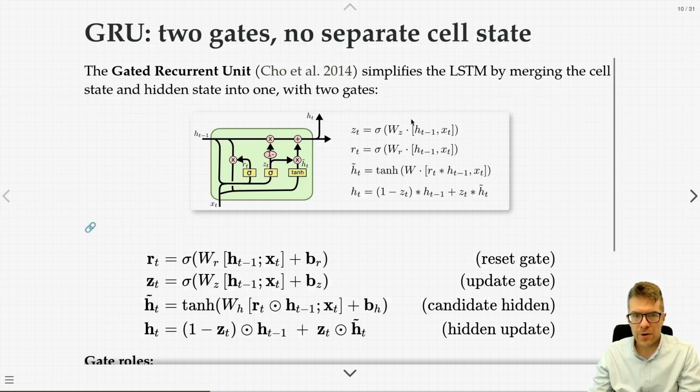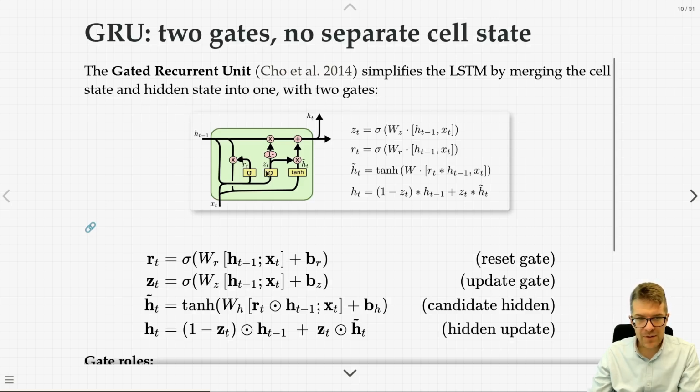So the gated recurrent unit solves these problems by going back to having one single vector representing both the long-term information and the short-term information. But it takes inspiration from LSTMs to decide what to write, in a much more coordinated way. We have this reset gate, which decides to reset certain information from the hidden state.